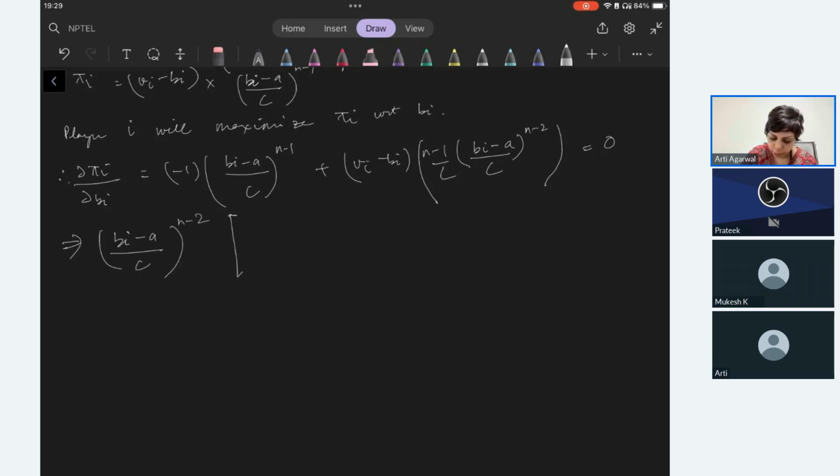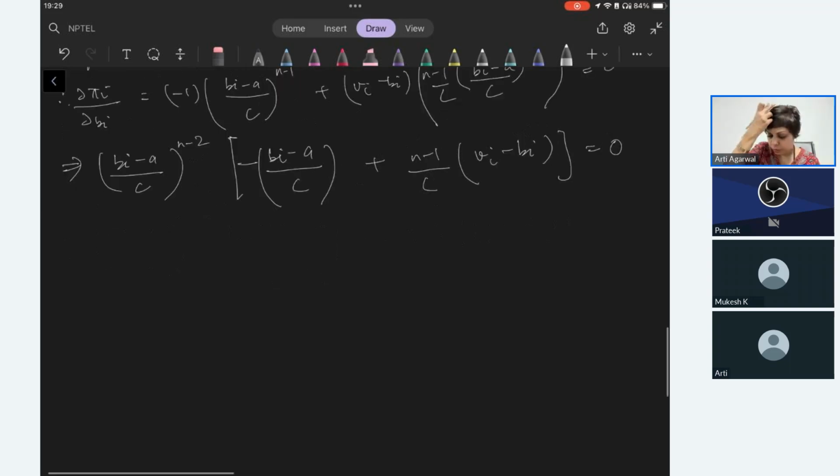And we take this expression here, plus n minus 1 by c into minus bi. This is equal to 0.